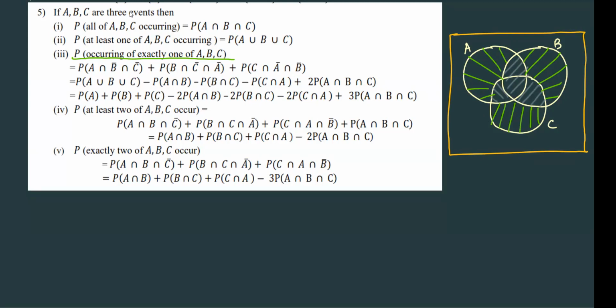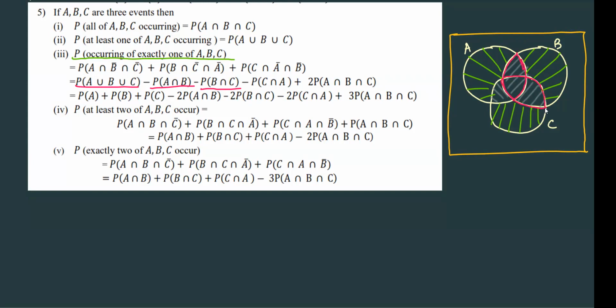Now what is happening? This is the same as P of A union B union C minus P of A intersection B intersection C. So I have excluded this region, minus P of A intersection B. I have excluded here. Then I exclude this region, P of B intersection C.